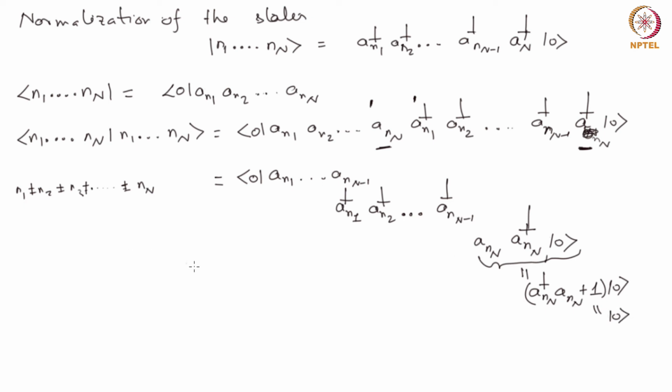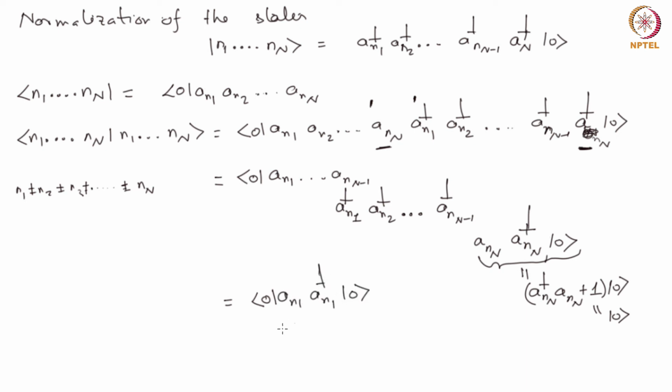Okay, so if you keep repeating that, you will end up with 1, right? Because let me do it in 2 steps. You will end up with this 0, and you know the last one will be what? a_{n1} a_{n1} dagger.